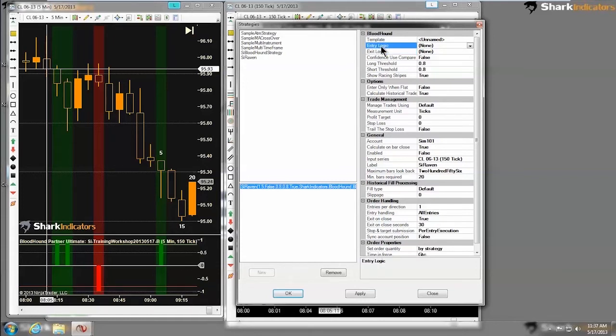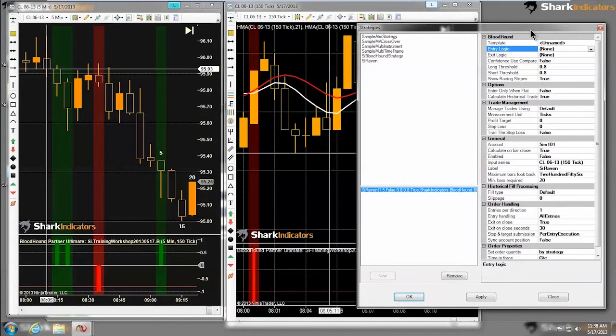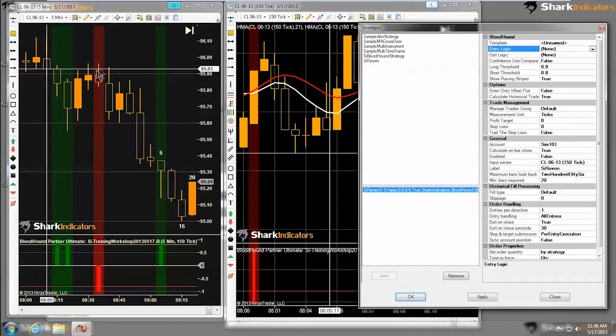So this is what Gerard is saying. If you have a specified entry logic here, then we'll look at the 5-minute chart.